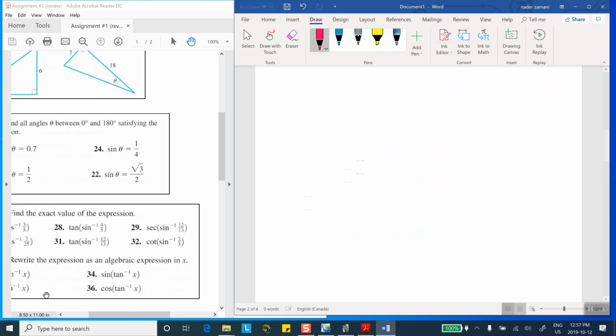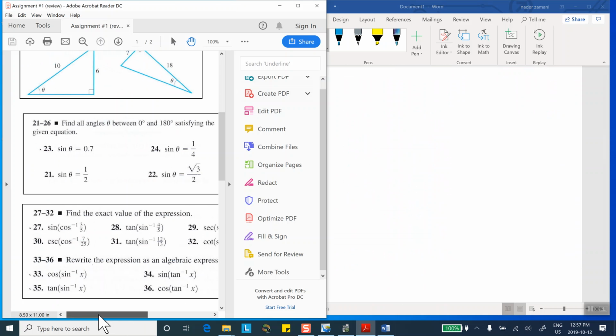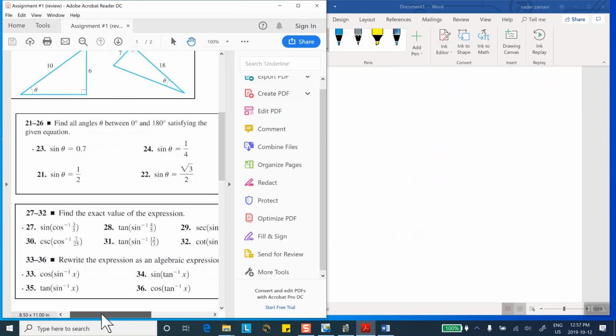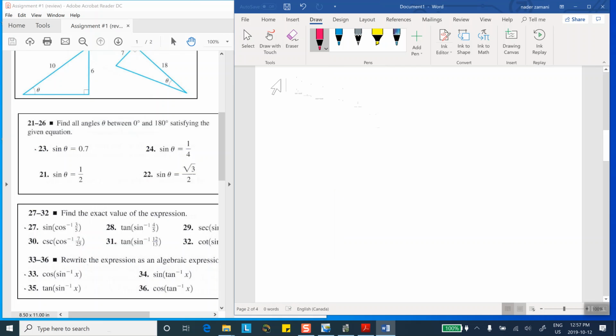Let's go and do the next one, which is 30. We want cosecant of cos inverse of 7 over 25.